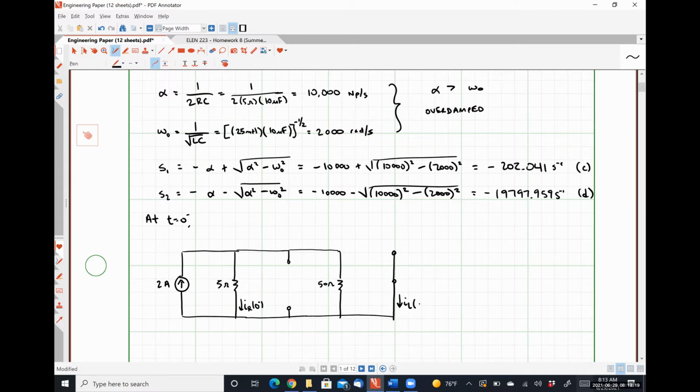Here is IL at 0 minus. Here is IC at 0 minus. And this is as good a place as any to measure V at 0 minus. So let's just identify all 4 of those quantities for the heck of it. So what should our voltage at t equals 0 minus be?